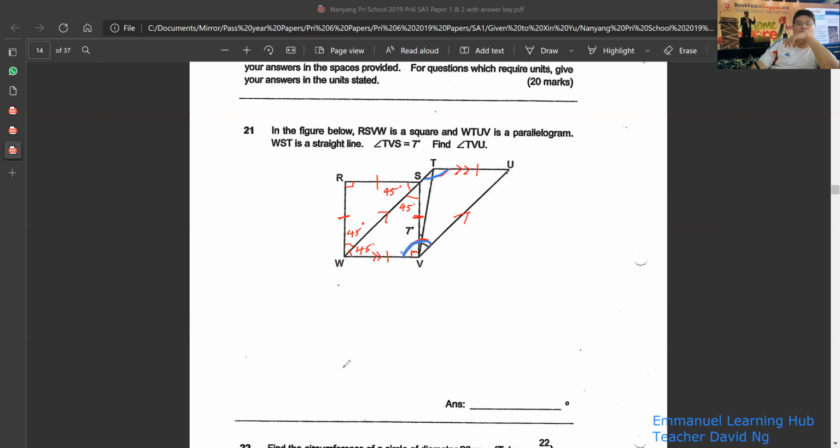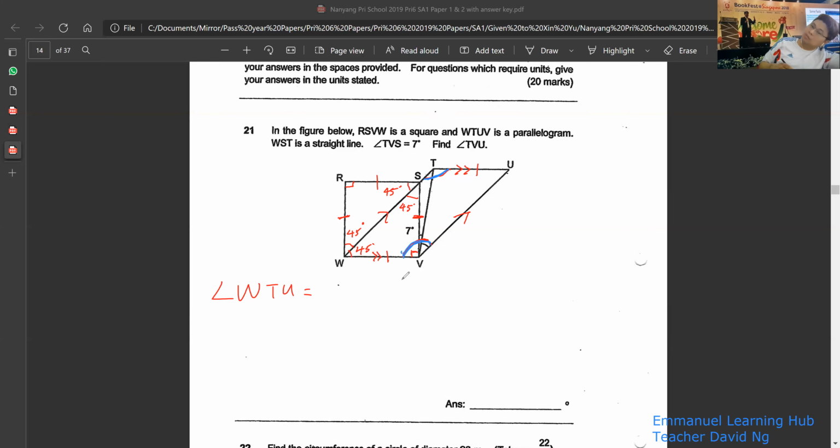Okay, question. Are you able to find angle WTU right now? WTU is this angle. Yes or no? How are you going to find it? 90 degrees minus 7 degrees?